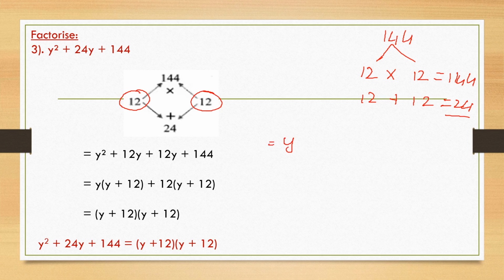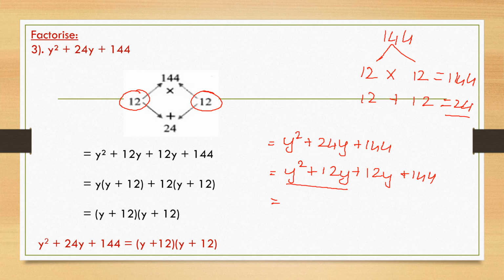So we'll start solving. Once we get the two numbers, we will start solving the sum. So this is the question. Now y squared plus, instead of 24y, we'll write two new terms, that is 12y plus 12y plus 144. After that, we do the pairing.